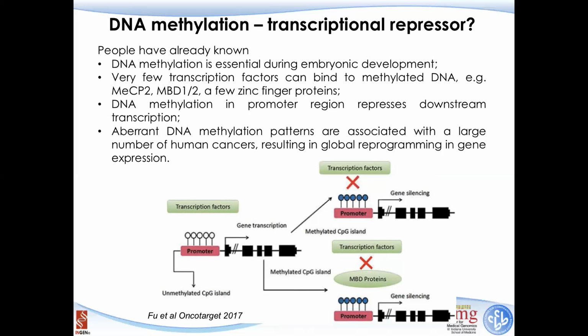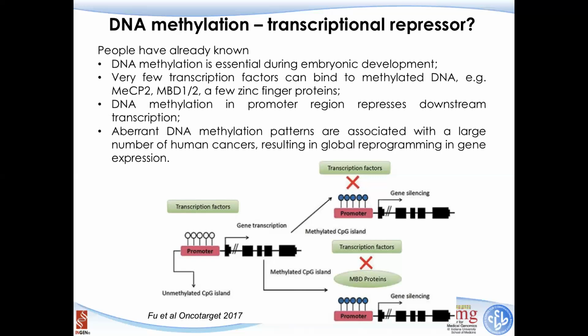They can bind methylated DNA not sequence-specifically. As I mentioned, DNA methylation in the promoter region usually represses downstream gene transcription, and aberrant DNA methylation patterns are associated with a number of human cancers, resulting in global reprogramming of gene expression.